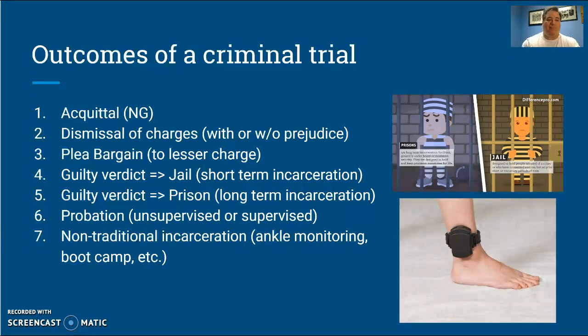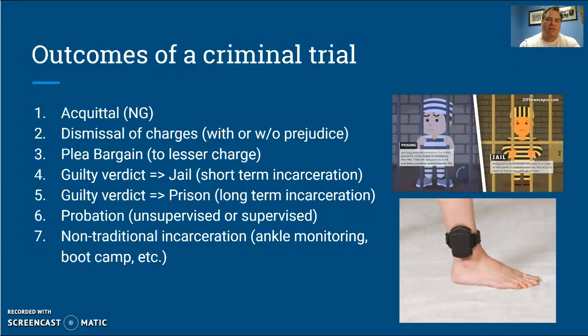So you might have to meet with a probation officer to make sure that you're staying clean and on the straight and narrow, or it might be unsupervised probation. If the crime is non-violent and not particularly serious, you might get probation on a driving charge, for example, and as long as you stay ticket-free for 90 days, you're fine.